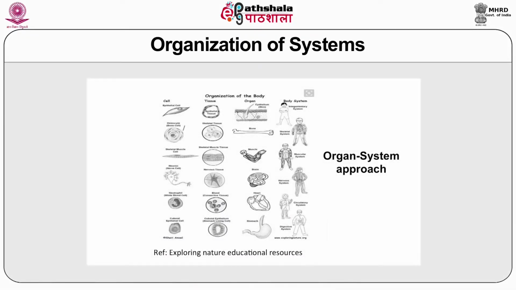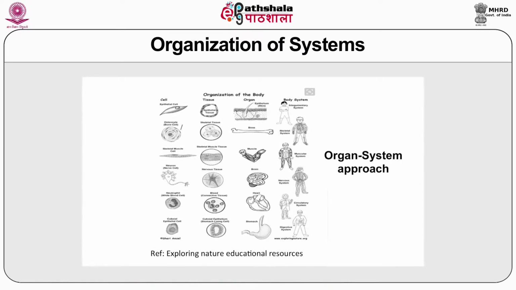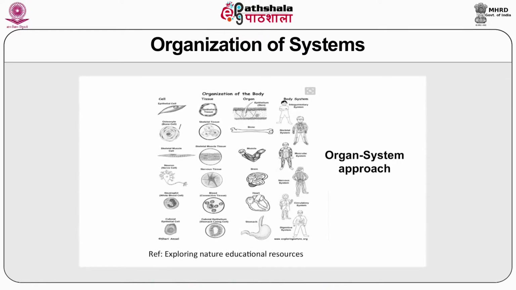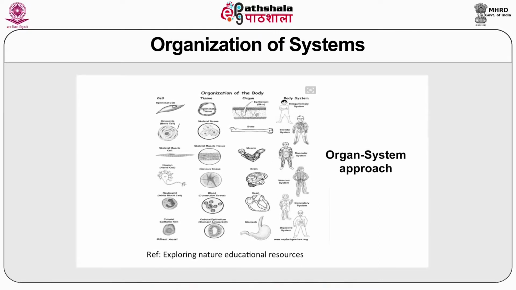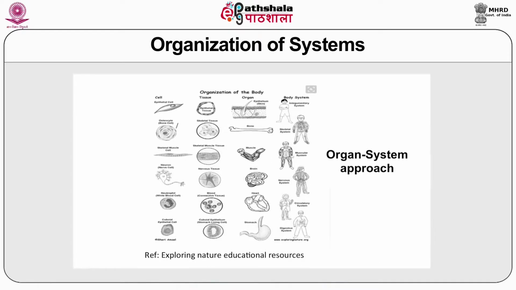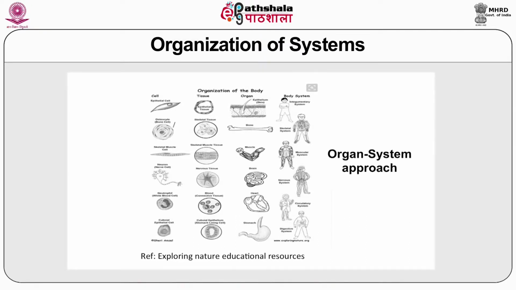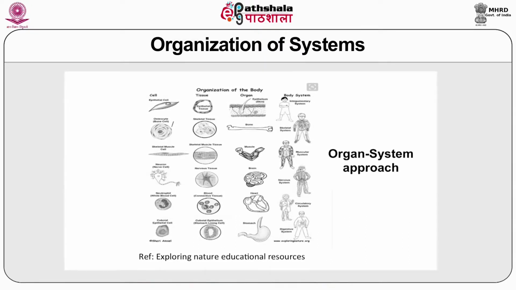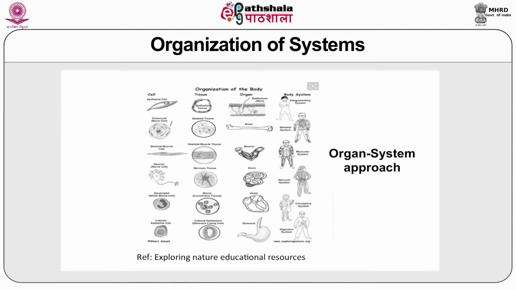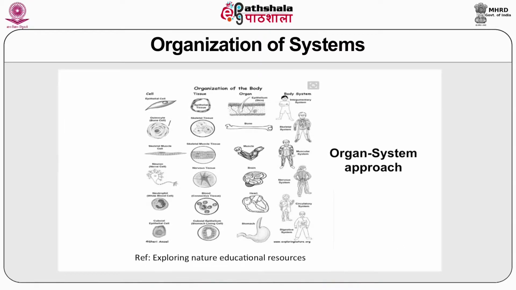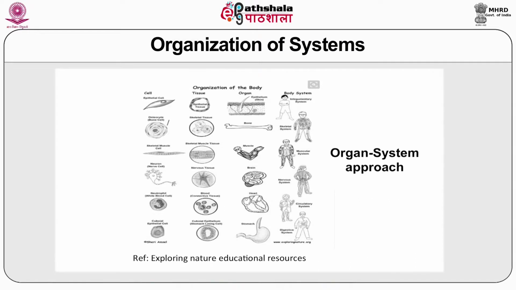Here is the slide which explains the organization of the system that a human body has. There are various organs in the body like skin, bone, muscle, brain, heart, stomach and several others. These organs are made up of specialized tissues which have a special function to perform.